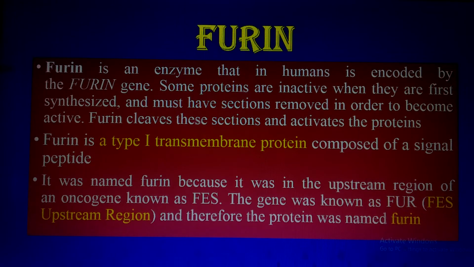Most of the students ask why it is called furin, ma'am, so I am giving you the concept: it is present upstream of the FES gene. I'm not giving you the details about the FES gene here; you must read about FES. This is an oncogene.